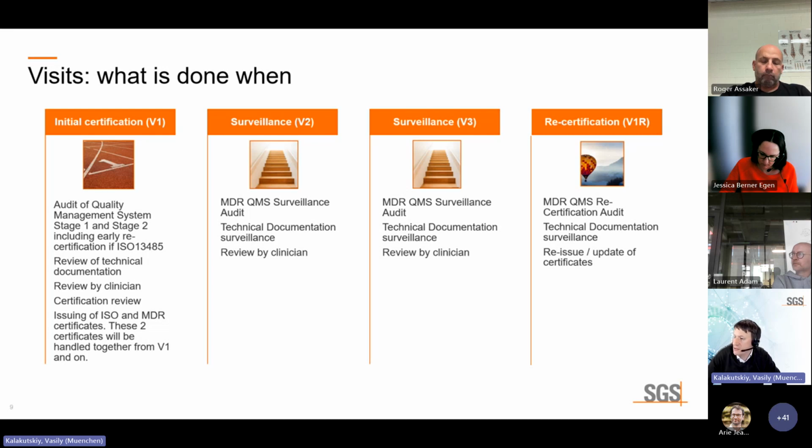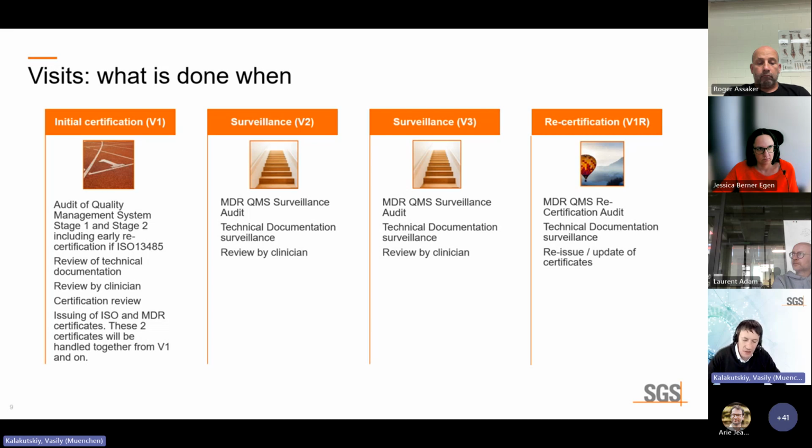So the third visit is repeating surveillance. And in the fourth year, the quality management system will be recertified. Technical documentation continues its surveillance, or according to the risk class, it may also be re-reviewed again.